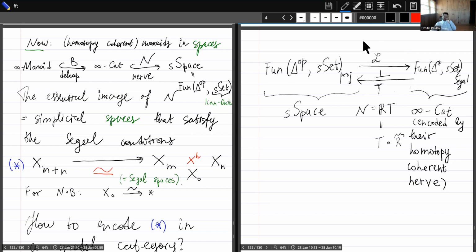So the left adjoint functor will be simply the cofibrant replacement functor on simplicial presheaves. If you pick the injective model structure, for example, then all objects are cofibrant, so it's not necessary to do anything. Whereas the right adjoint will be given by the fibrant replacement functor. So that's just the localization functor.